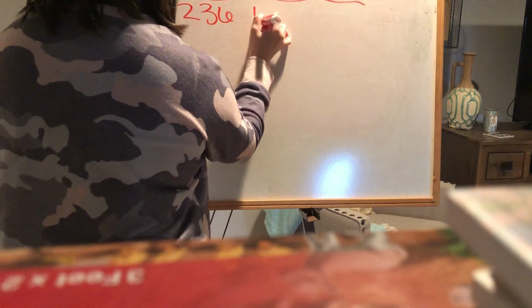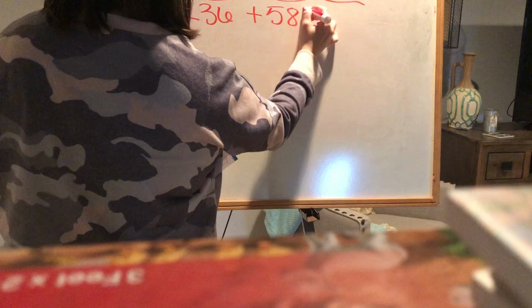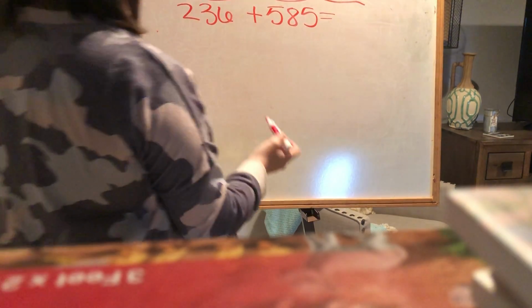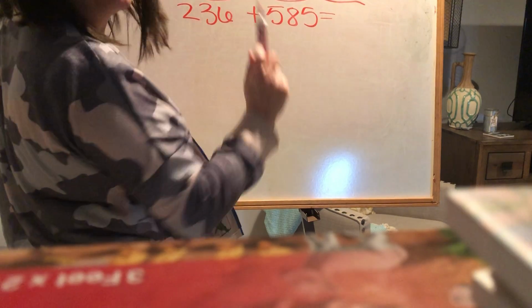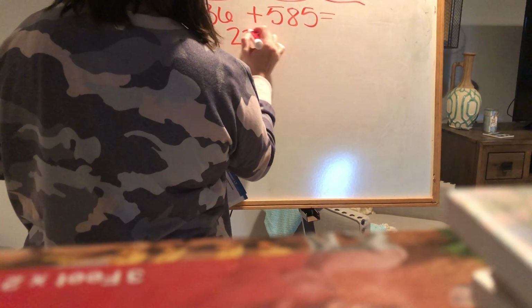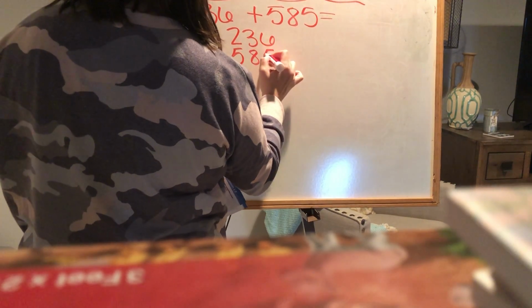So let's get started. Let's start with 236 plus 585. Now, as we talked about before, anytime your numbers are written like this, you need to rewrite them up and down. So we have 236 plus 585.